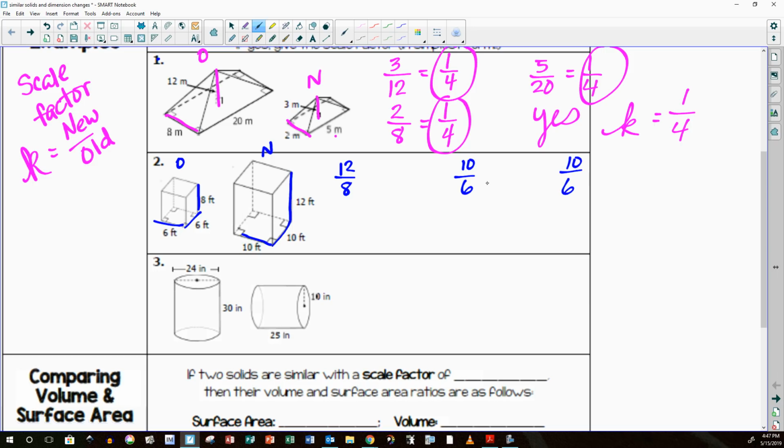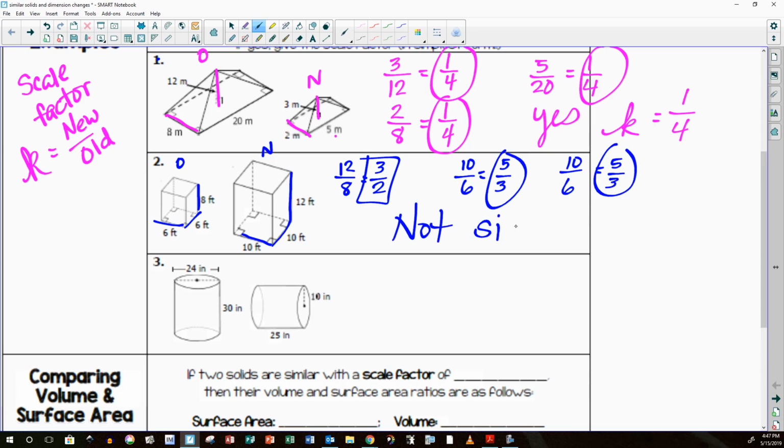Obviously these two are going to reduce to the same because they're exactly the same. So 2 goes into that, 5/3. Now this one, 4 will go in 3 times to 2 times. So even though these two are the same, this one is not. So these are not similar.